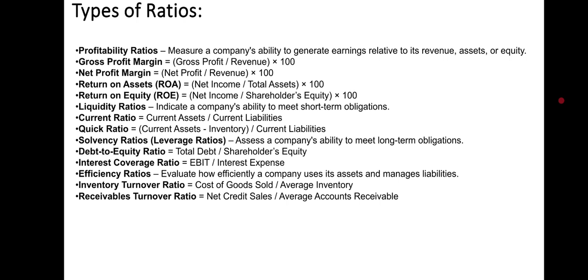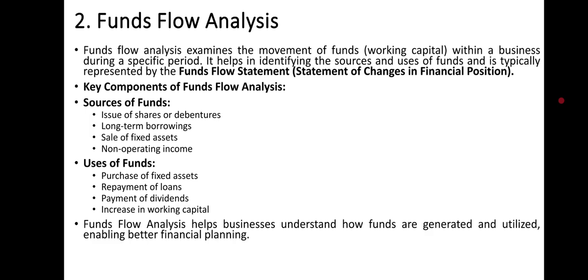Efficiency ratios evaluate how efficiently a company uses its asset and manages liabilities. For the inventory turnover ratio, cost of goods sold is divided by the average inventory. For the receivable turnover ratio, net credit sales are divided by average accounts receivable.